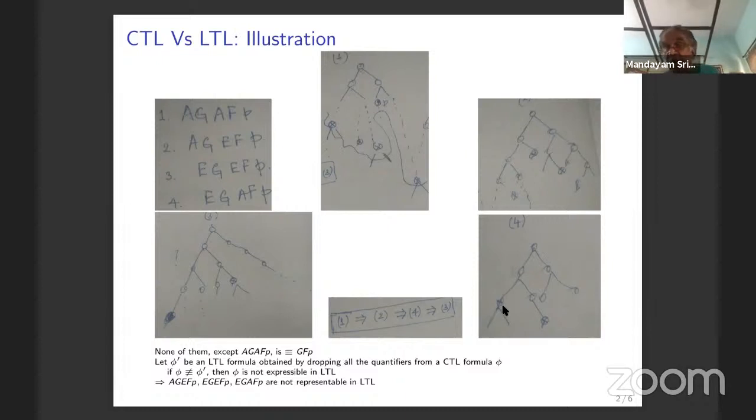There exists a path. So for example, here there might be states in which P never holds good, but as long as there is one path. Therefore, EG of AF is slightly stronger than EG of EF, but they are not comparable, and that's what this says.